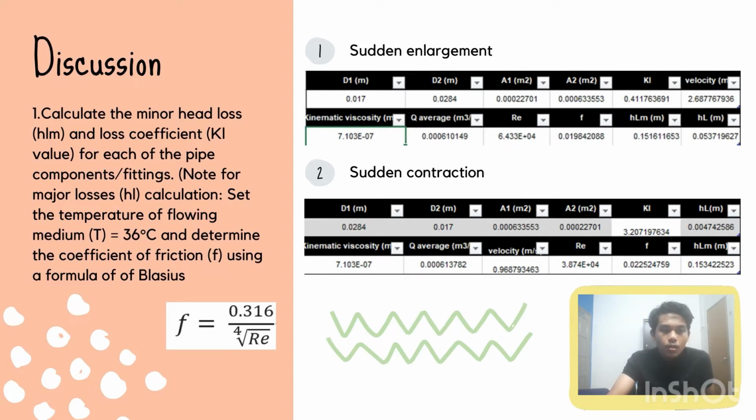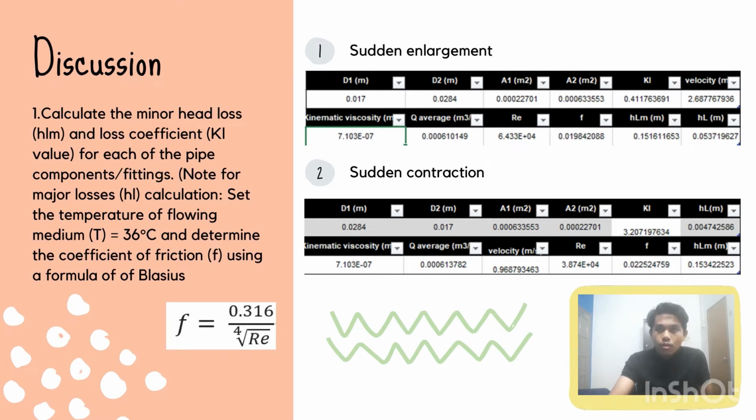For velocity, the table just gives the flow rate, so we need to find the average of it, and we need to change the unit from liter per second to meter cubed per second. From there we can find the velocity by using the formula V equals Q over A, and we use A1.